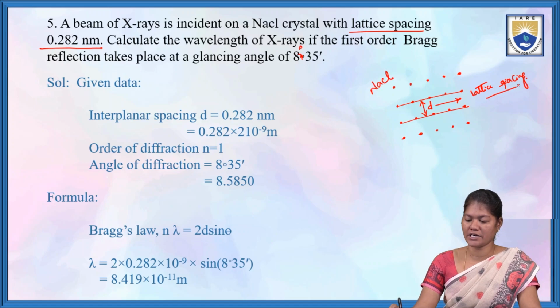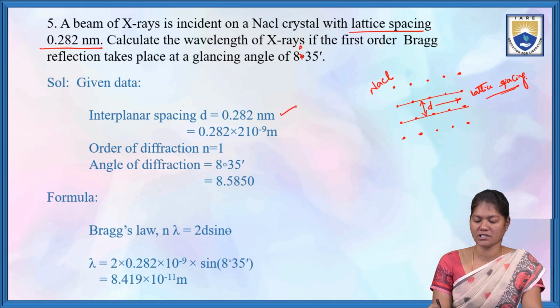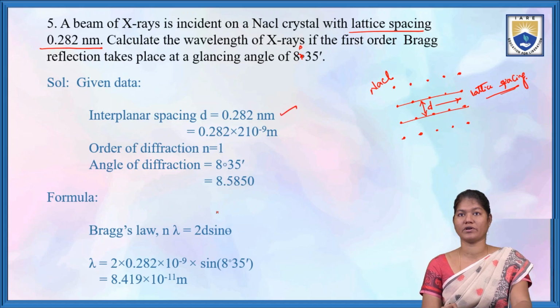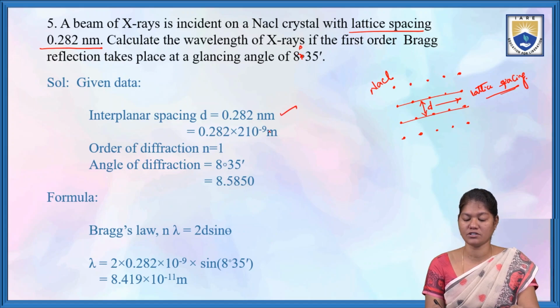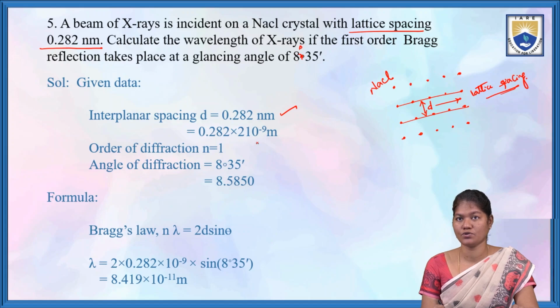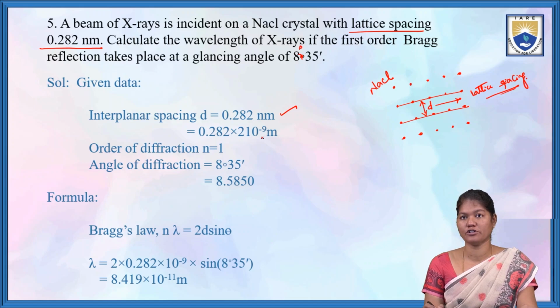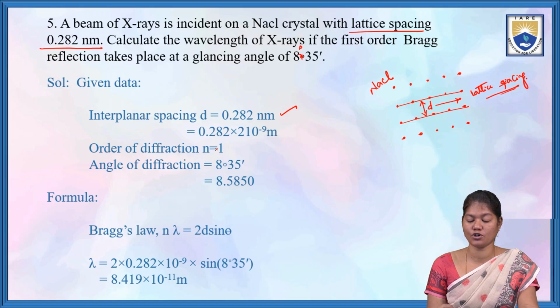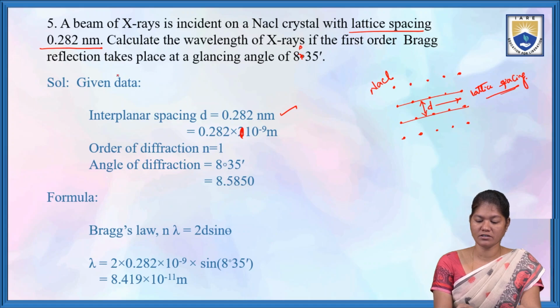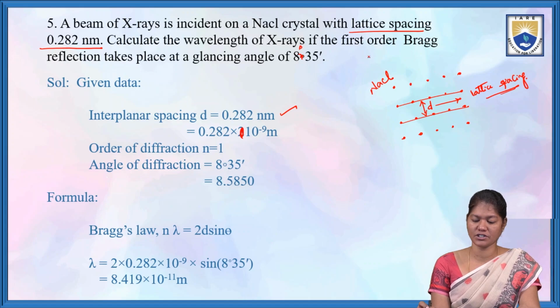The lattice spacing or interplanar spacing D of a sodium chloride crystal is equal to 0.282 nanometers. Converting it into meters, 0.282 into 10 power minus 9 meters. The order of diffraction is first order, so n is equal to 1.